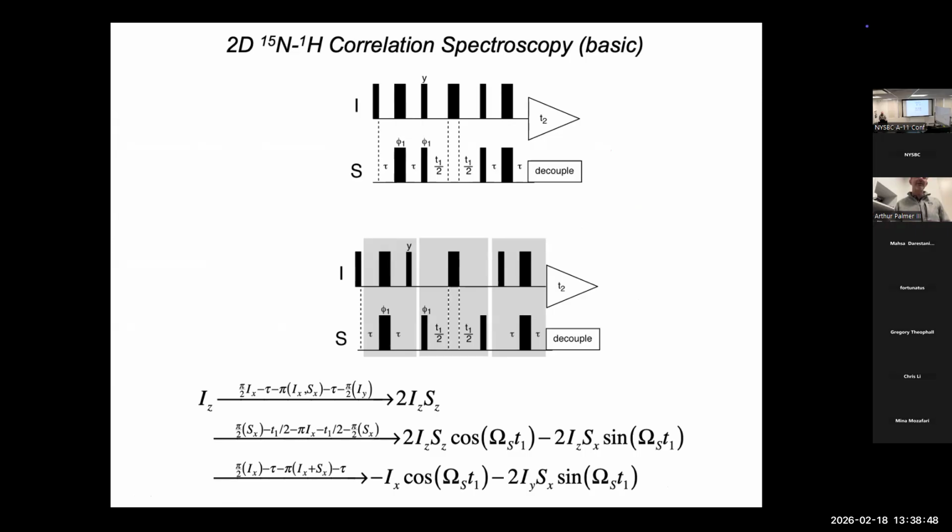And the next step, if I is hydrogen and S is nitrogen, then once you get coherence transferred to nitrogen, to get it from nitrogen to the carbonyl carbon, there's another set of blocks that look the same, except that the delays have to be adjusted because the scalar coupling constant is different. So these kind of blocks just get replicated over and over again, adjusting the delays appropriately.